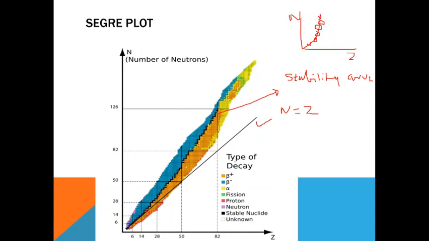That's called the stability curve. You can see that the stability curve deviates from the straight line towards N, which means as the element becomes bigger, in nature it is found that the neutron number is greater than the proton number. This is the observation very clearly seen from the graph.